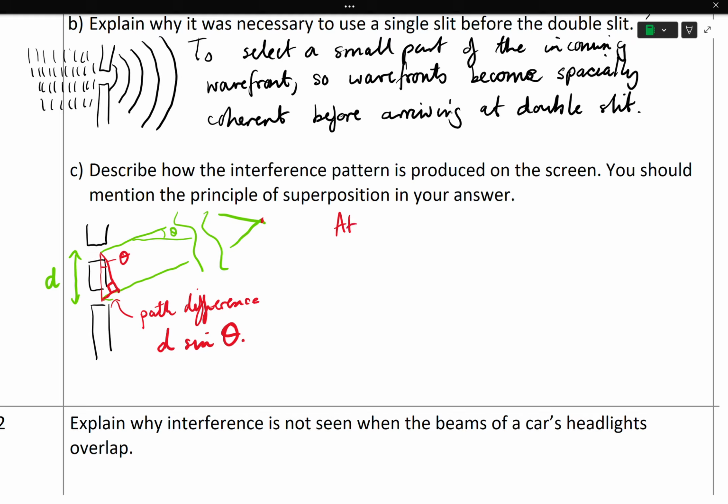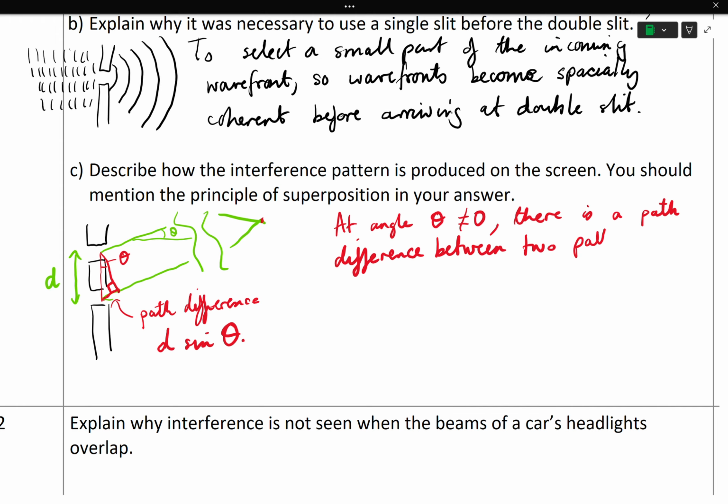So we can say at an angle theta, as long as it's not 0, there is a path difference between the two paths, the two rays perhaps we should say, that go to a single point on the screen. This introduces a phase difference.